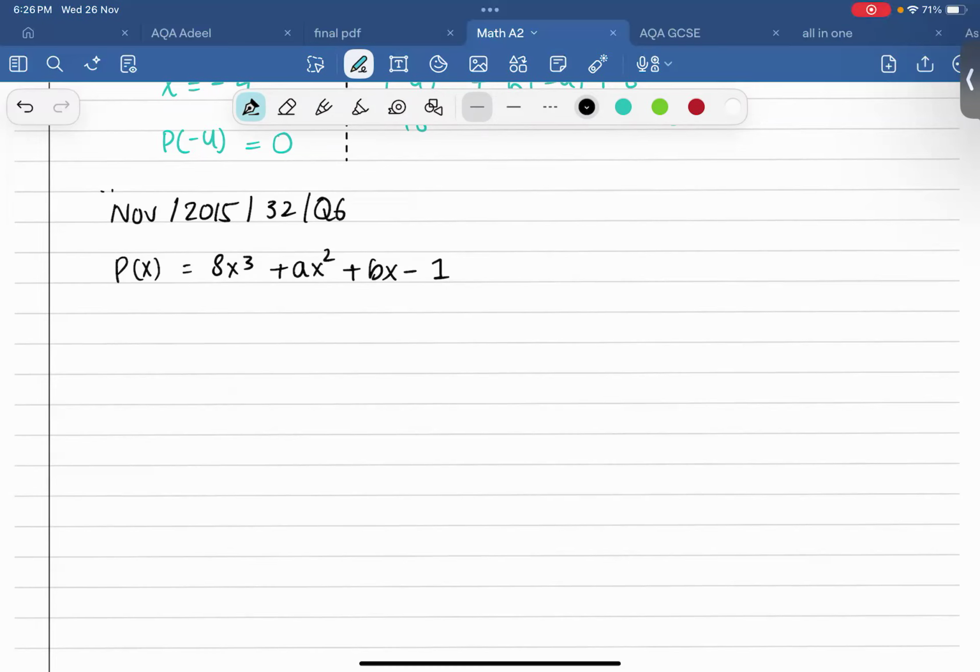They've given us two things. X plus 1 is a factor of this polynomial, and this is the first thing.